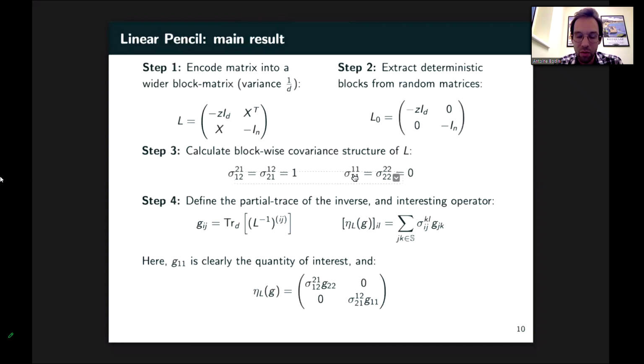You could define it for each location. So 1, 1 with 1, 2 will be 0, 1, 1 with 1, 1 is 0, sigma 2, 2 with 2, 2 is equal to 0, and so on and so forth. And eventually, the very last ingredient is an operator eta L, which will multiply a matrix with all this covariance structure that we've defined before.